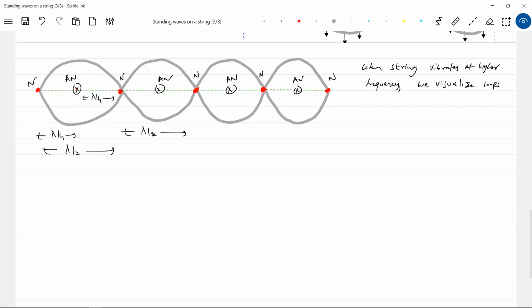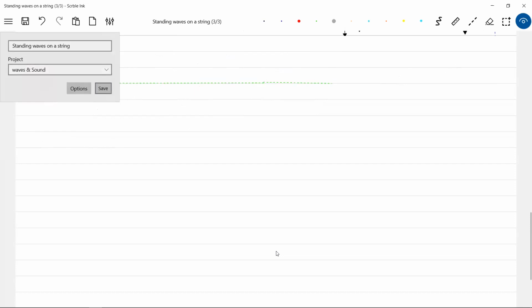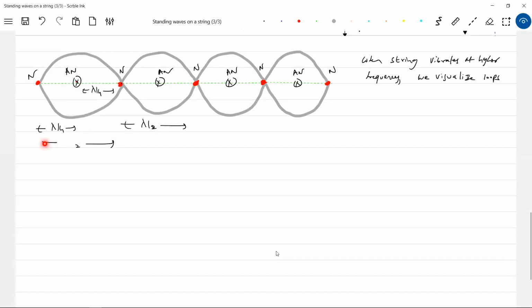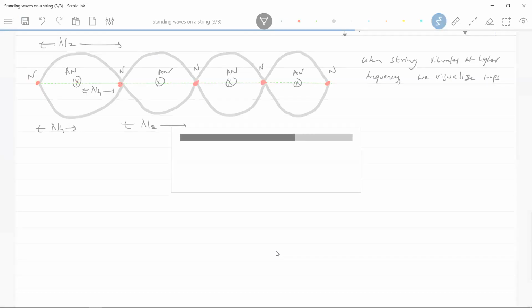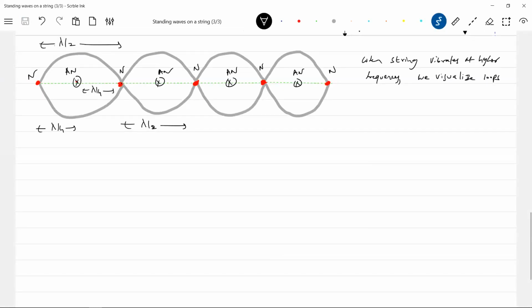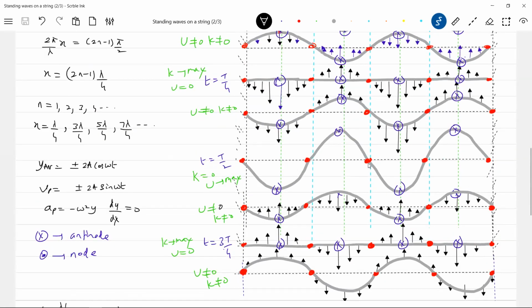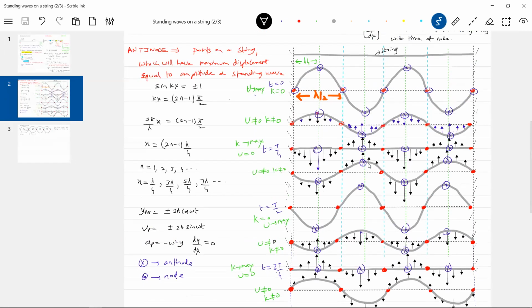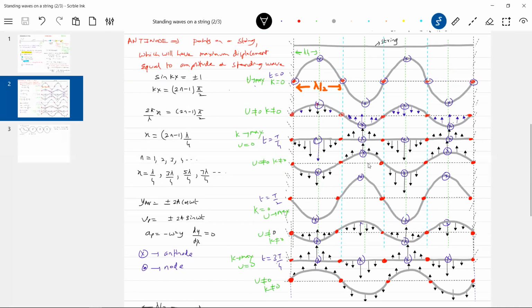Okay, let's summarize all the points one by one, because this is something very important. Lambda by 2, I'll write it on top. Anybody having doubt, please do clarify. Then I'll summarize the points. I'll write down so that it'll be easy for you. If you have any doubt, you can clarify.